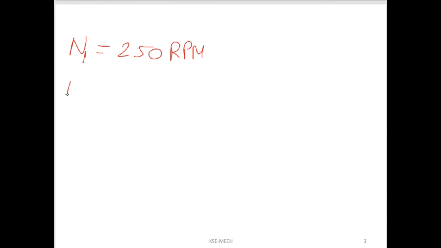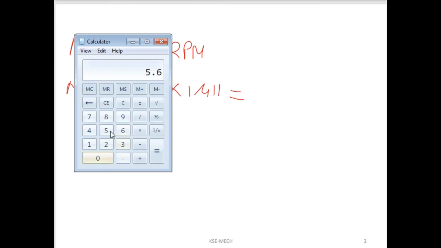Now for N2, the second speed, what we will be doing is 250, that is the minimum speed, into the progression ratio, 1.411. I will show you on the calculator.